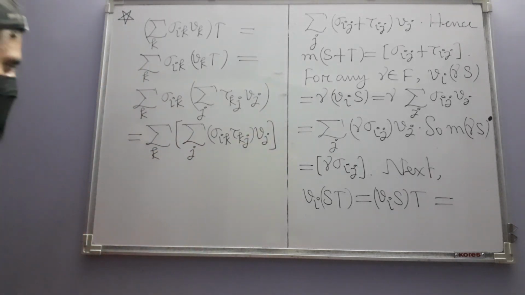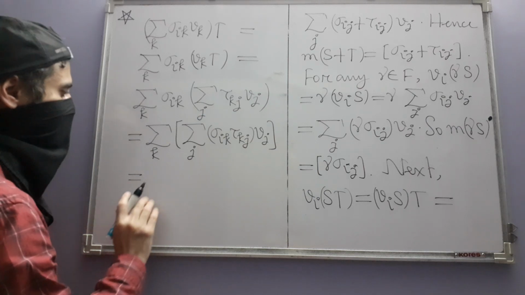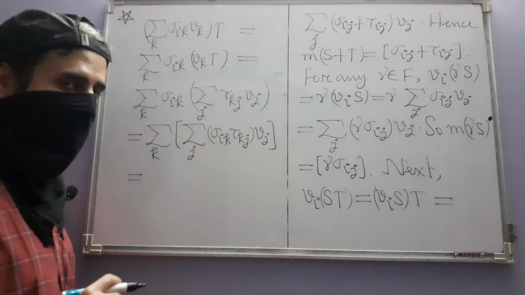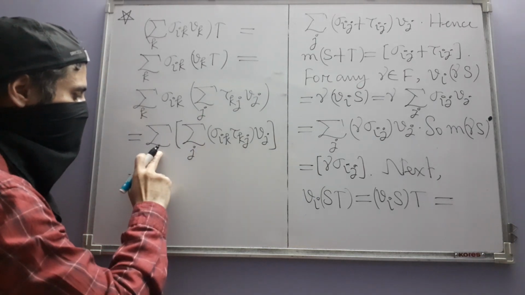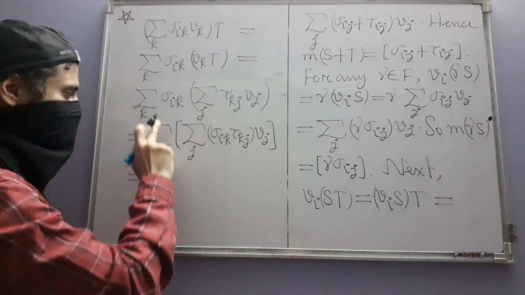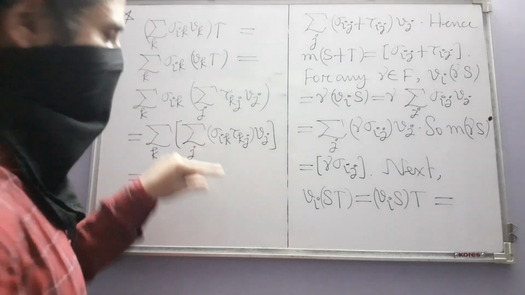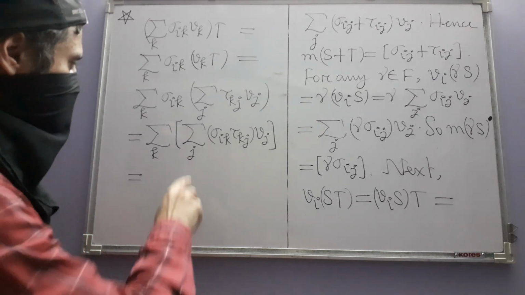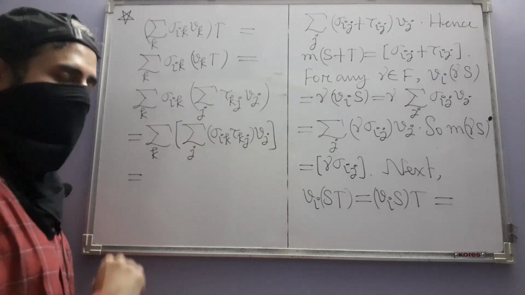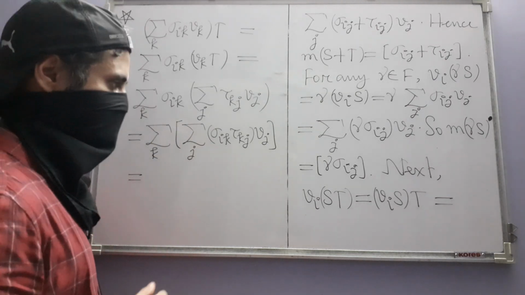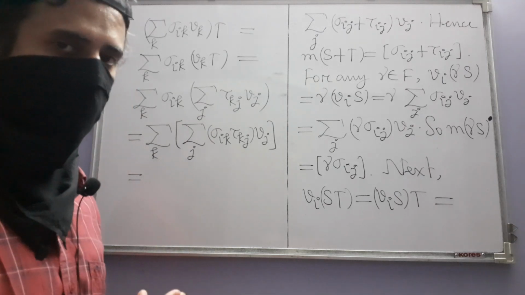Okay. Now because we are dealing with finite sums, in each sum the index varies from 1 to n, and that is why we can switch the sums. This goes outside, this goes inside. It's a fact about finite sums.